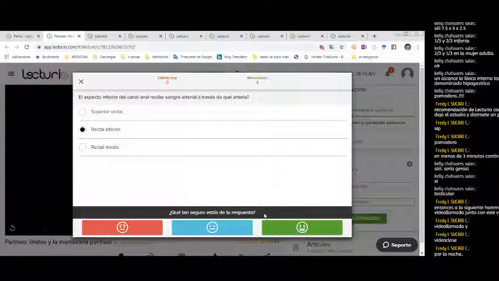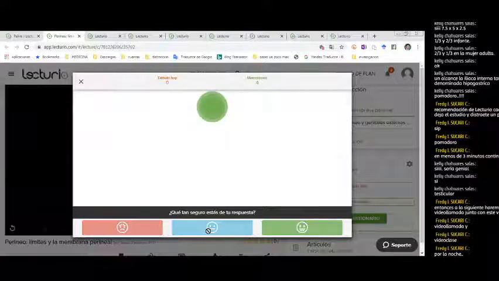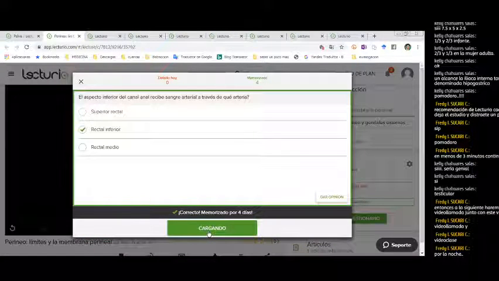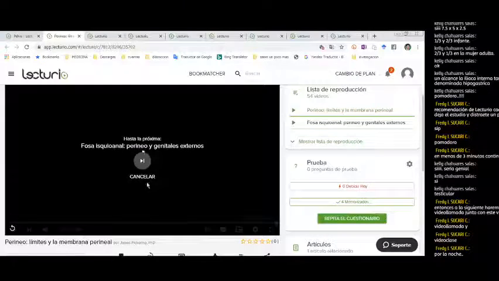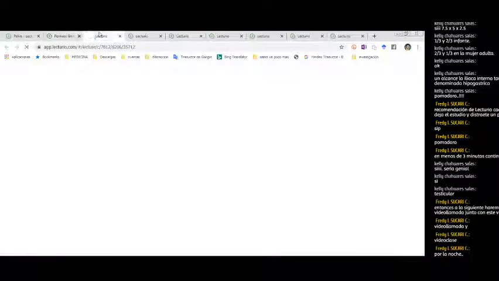A ver, era rectal inferior, rectal superior por aquí arriba, rectal medio aquí. A otros rectales también se les conoce como hemorroidales, ¿verdad? Ya, sí está bien esto. Rectal inferior, rama de la pudenda. Ya. Siguiente.